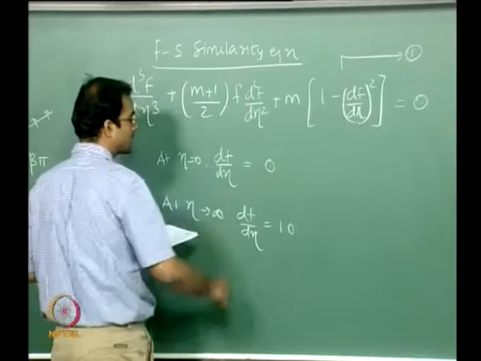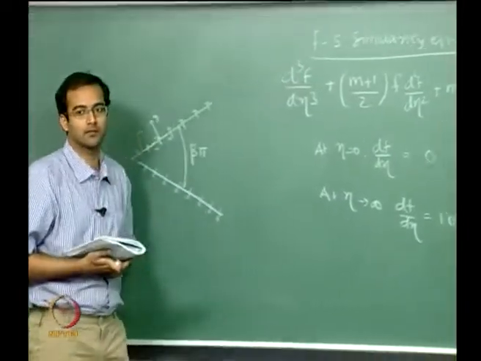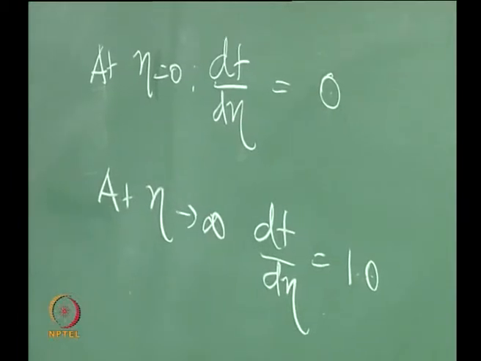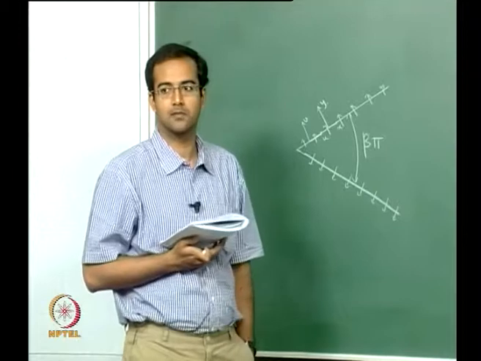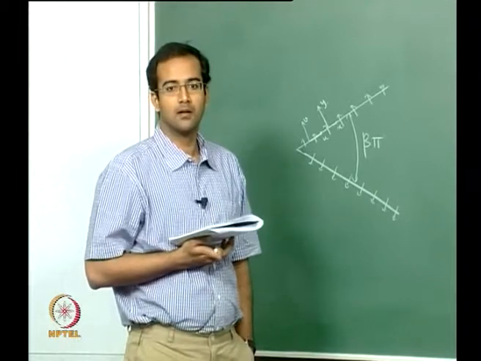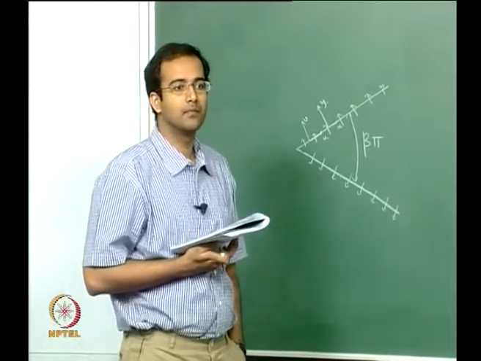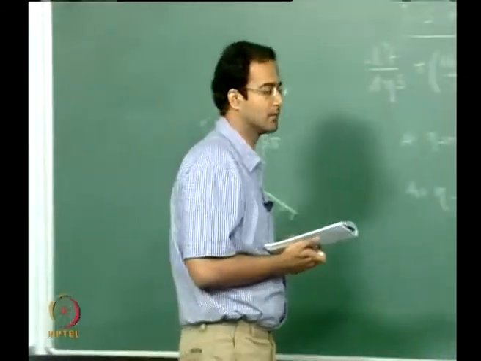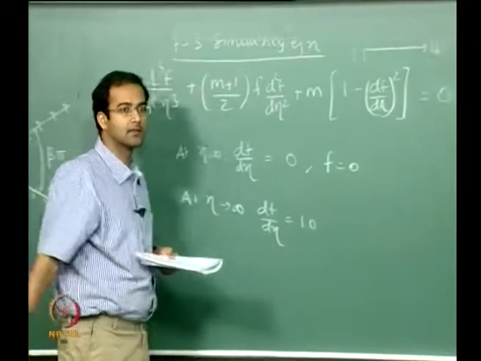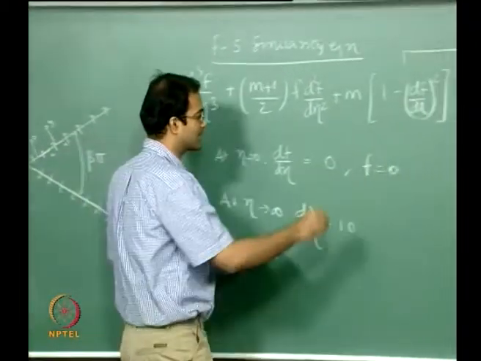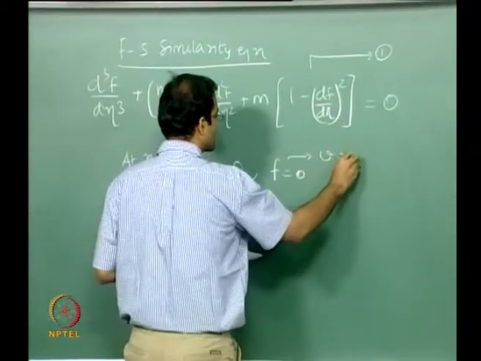And apart from this, what was the other boundary condition that we gave, the Falkner-Skan case? I am just talking only about the flow right now. f equal to 0. Okay. So what does that indicate? V equal to 0. So this corresponded to the boundary condition V equal to 0, right?